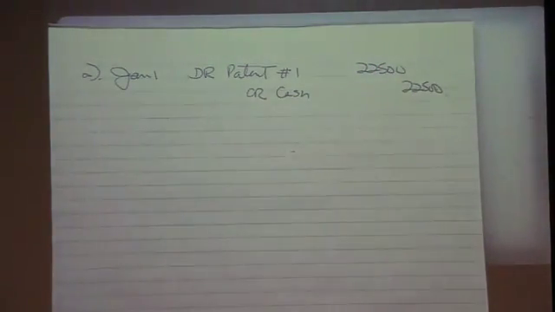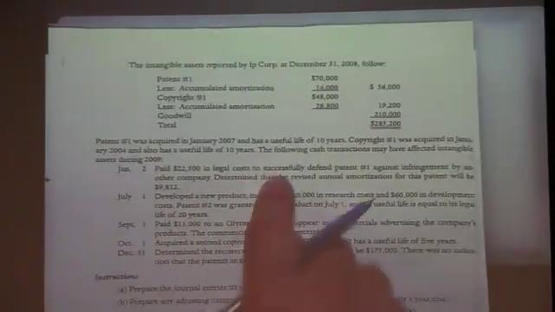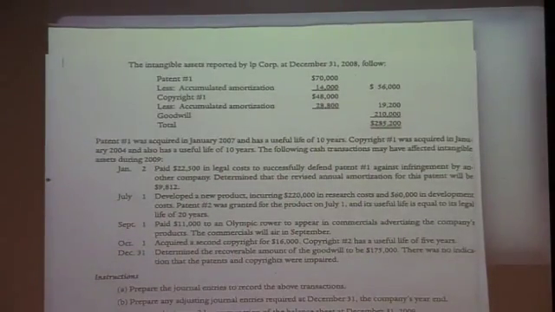Obviously, if the legal cost was not successful, then we would expense that as a regular legal expense and part of operating expenses.